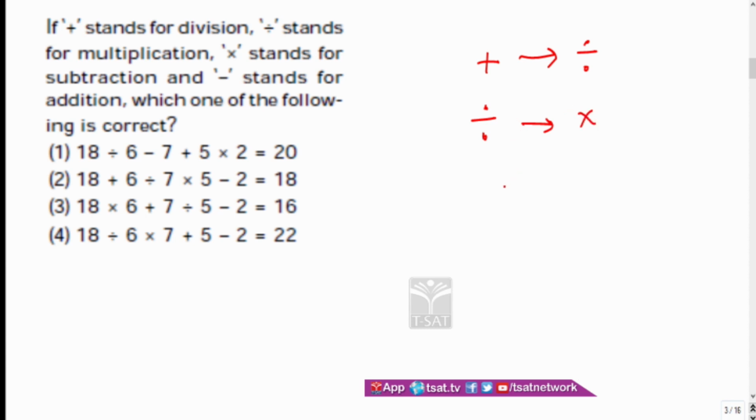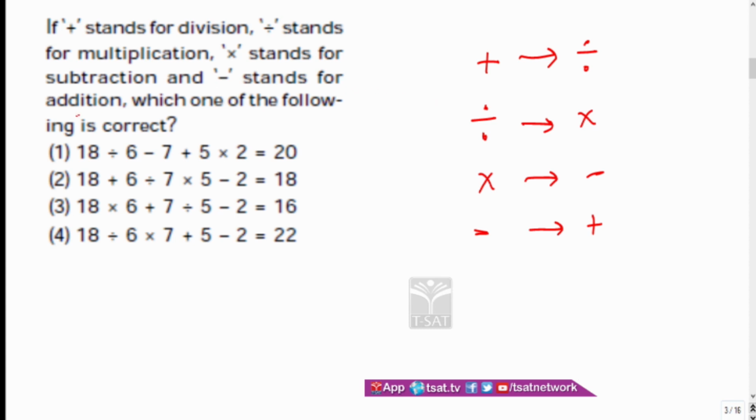In the same way, multiplication stands for subtraction. So multiplication now stands for subtraction. In the same way, subtraction stands for addition. So minus stands for addition. So wherever you see these symbols, you have to replace them with the other symbols and perform the operation. That is the reason they are called symbolic operations.